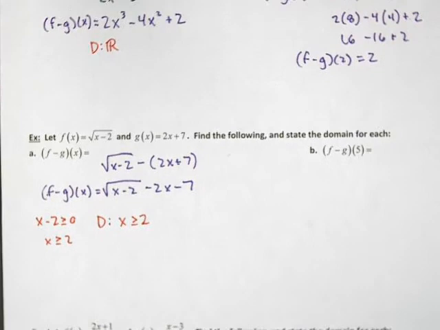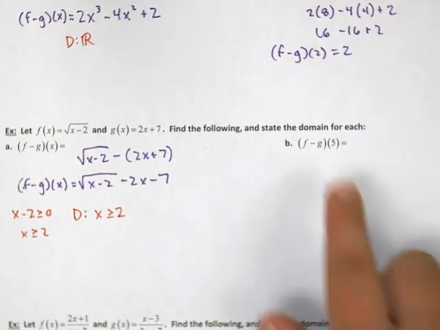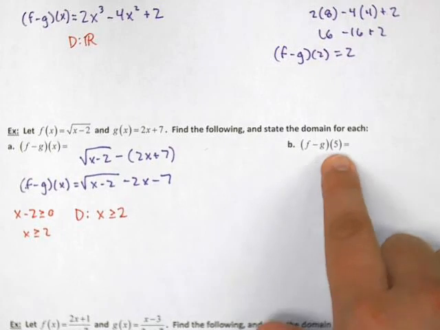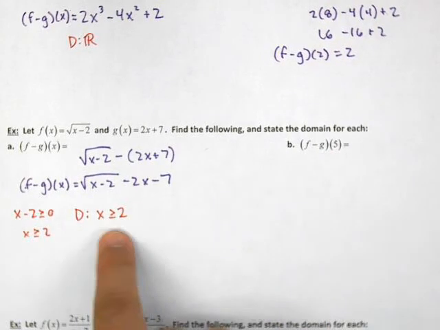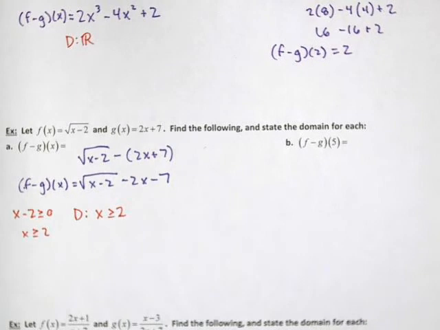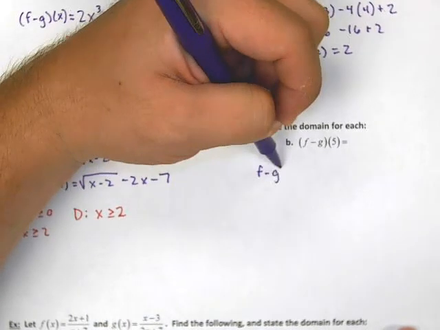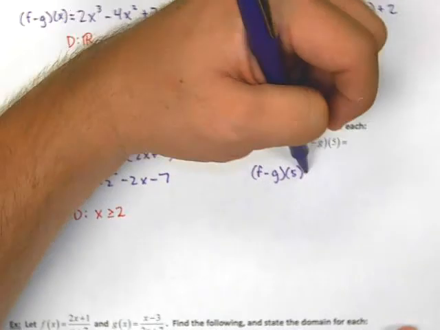Once again, when we move on to something like letter B, we're trying to evaluate the function at 5, which is in the domain. We are good to go, so we plug in f minus g of 5, equals.